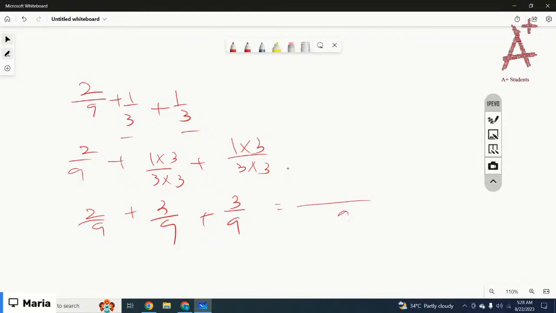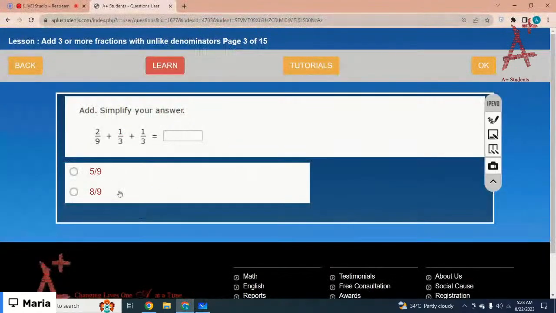Now they are exactly equal. Add their numerators. 3 plus 3 is 6 and 2, 8. It would be 8 over 9. So the correct option is 8 over 9.